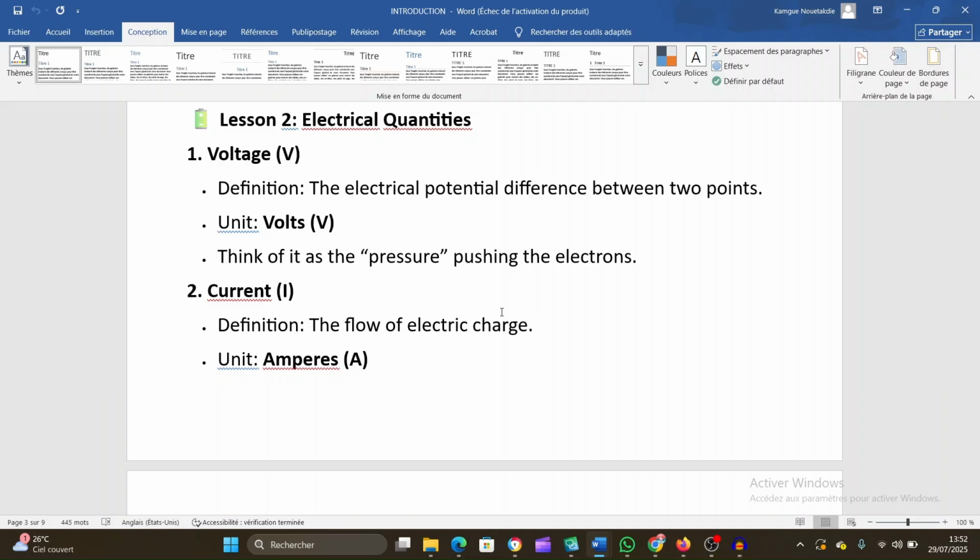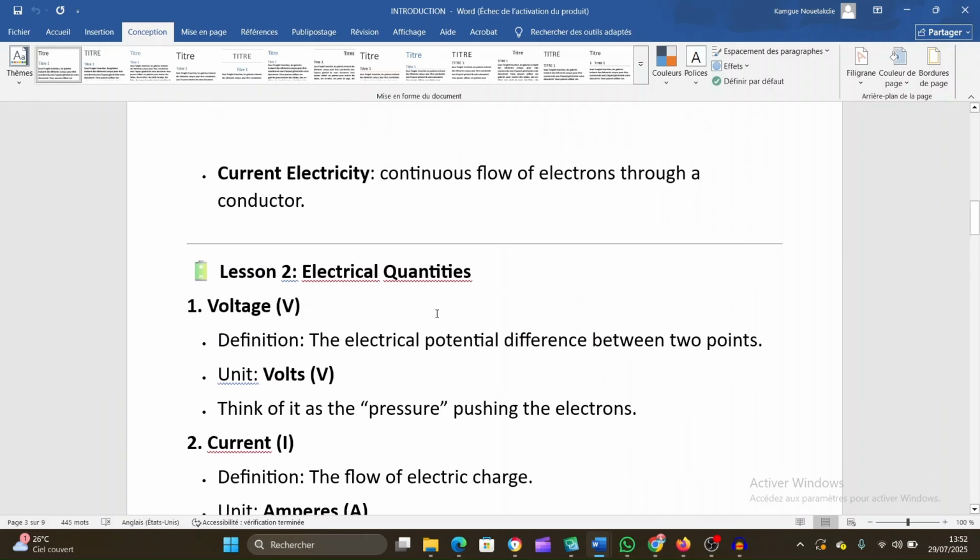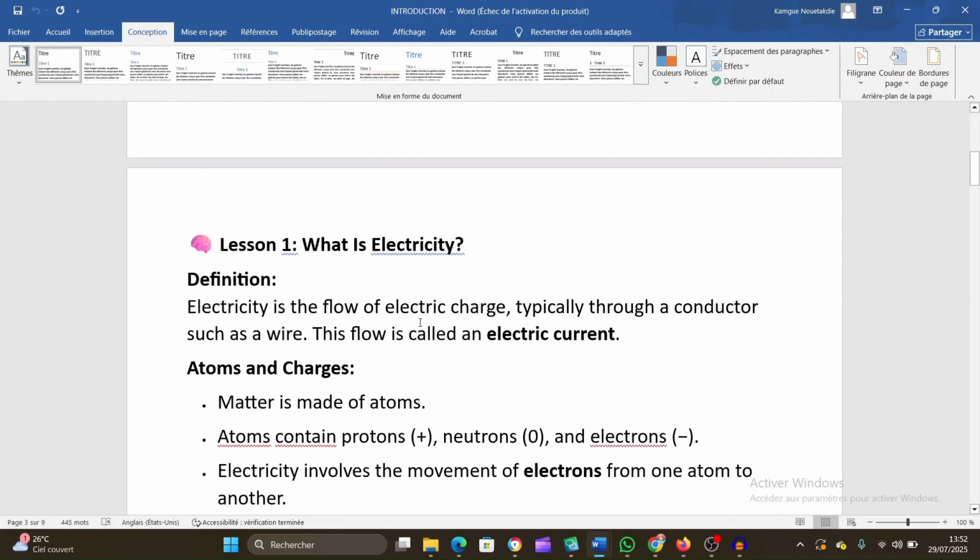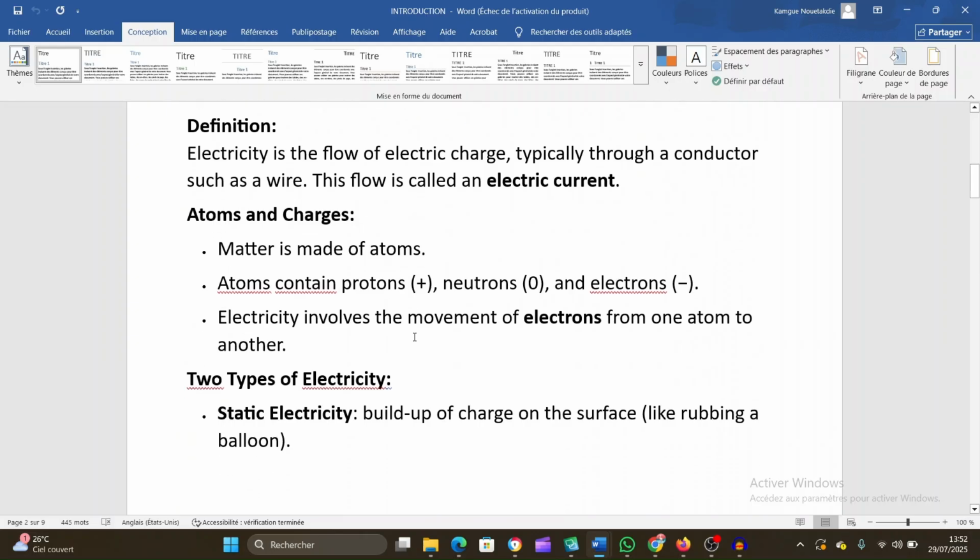The second electrical quantity we would like to talk about here is the current itself. You used to hear some children screaming sometimes in the quarter, they have cut the light, they have cut the current. What is current? Well, the definition we can give is that current is the flow of electric charge.